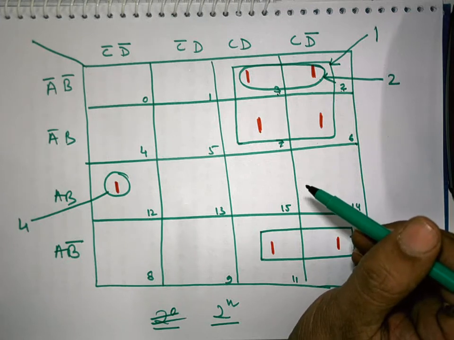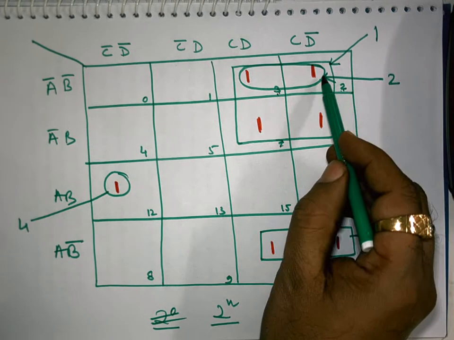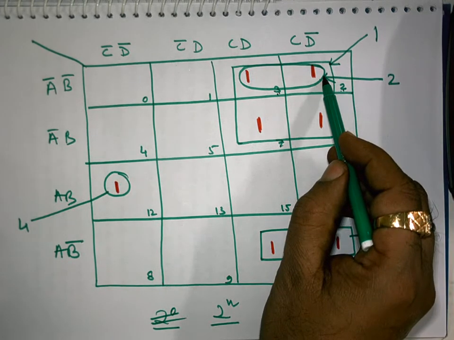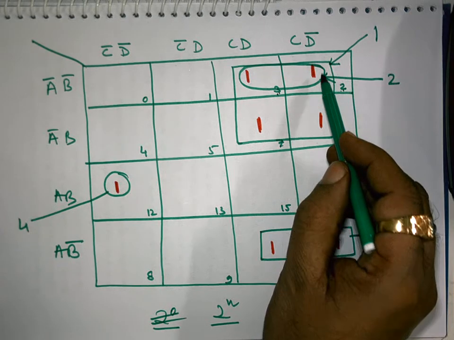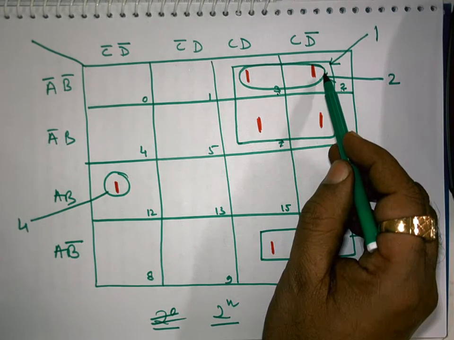A group must have at least one fresh one which is not involved in any other group. So this is not a valid group. Got the point? This grouping of this pair is not valid.